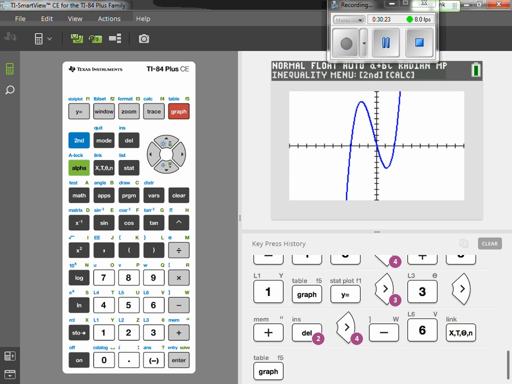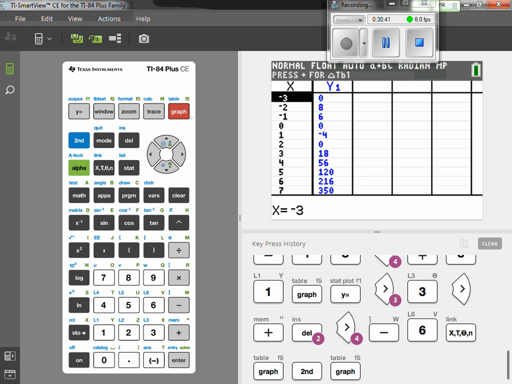How many times does it cross? 3 times, yes? Because it crosses once here, and once here. So we have 3 places where it crosses. Now, if it's kind of hard to see what those values are, we can go second graph to get a table.